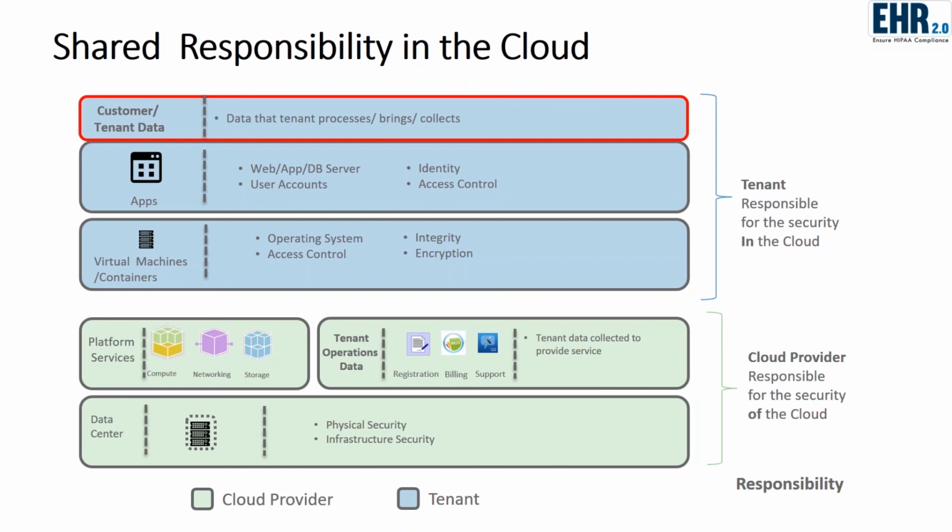Similarly, the tenant will be setting up their operations users. We'll talk about IAM, identity and access management. Those users become the responsibility of the tenant here. And then definitely any customer data, and the reason I made it red, all your PHI, will come into that scope and is still the responsibility of the tenant.